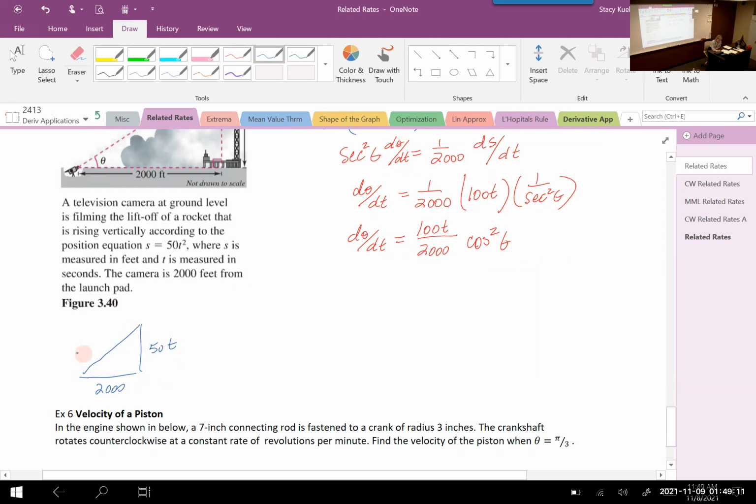Wouldn't that be the square root of 2000 squared plus 50t squared? It's just Pythagorean theorem, right? Square root of one side squared plus the other side squared.